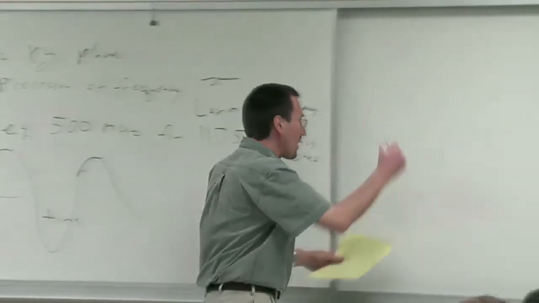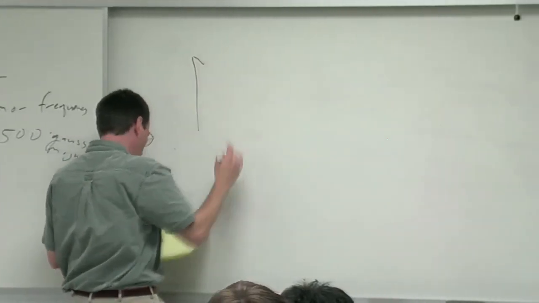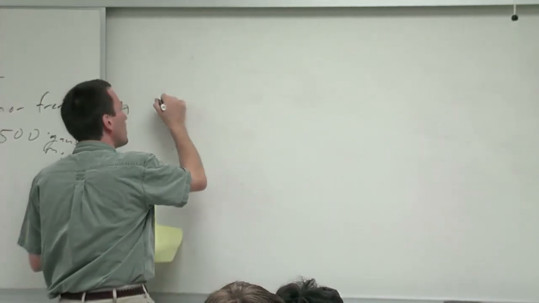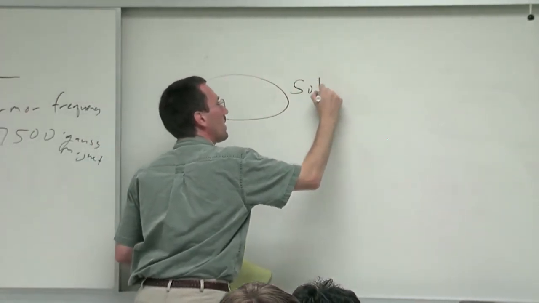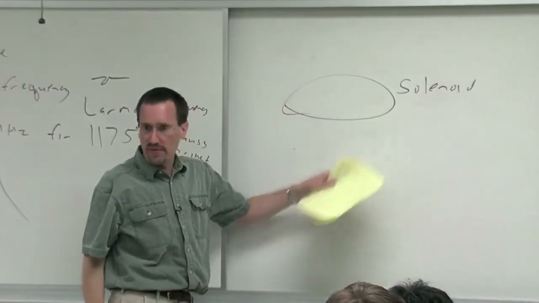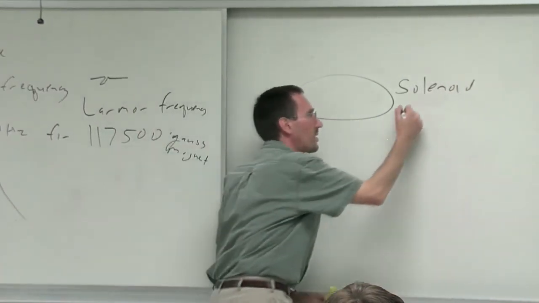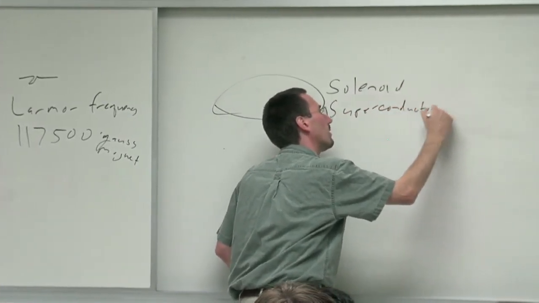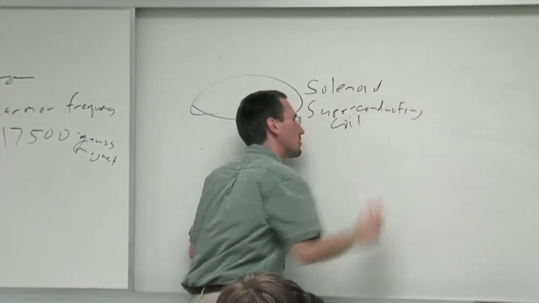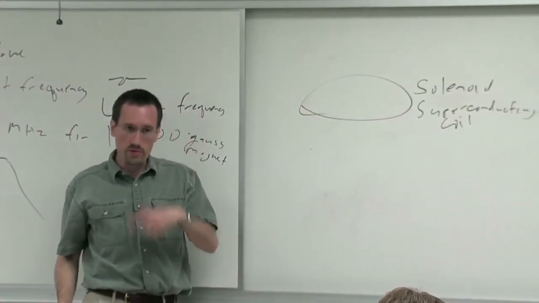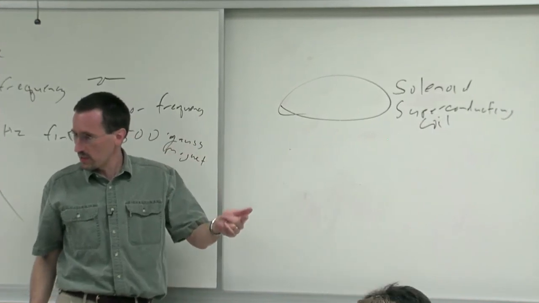So if I want to give my very, very simple diagram of an NMR spectrometer, you have a solenoid. A solenoid is just a coil in which you have electricity. It's a superconducting coil, so that you have the electricity flow forever and you don't have to keep putting more electricity in it.